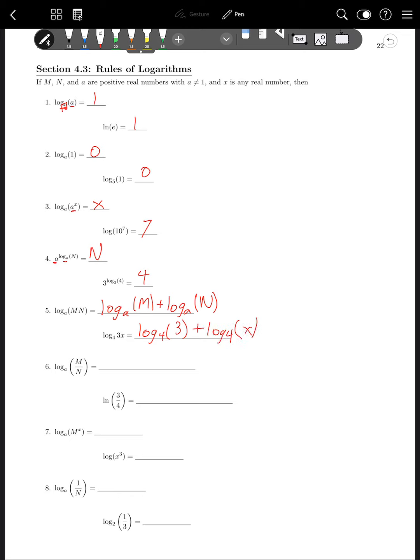Similarly, if I have a division inside of my logarithm, that would be the difference of two logarithms. So the natural log of 3/4 is the same thing as the natural log of 3 minus the natural log of 4. And this is a really good one to show that it works.